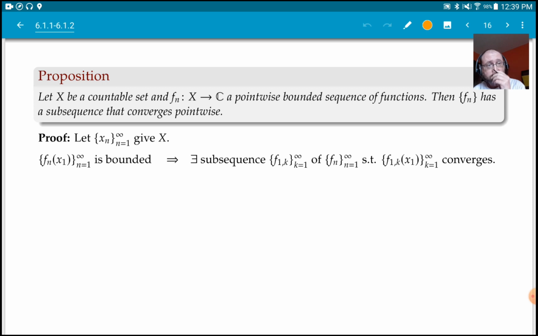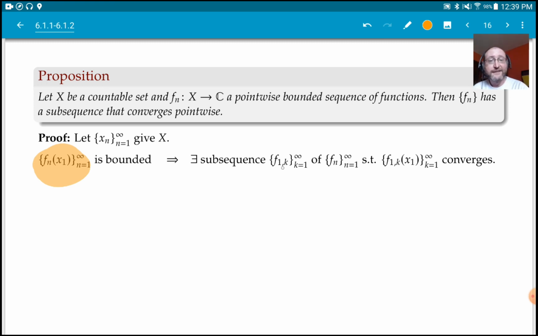Now we're going to go through the points in X. First, this is pointwise bounded, so this sequence of numbers at x1 is bounded. So by Bolzano-Weierstrass, there exists a subsequence. Now we're going to write it slightly differently, so that we don't take subsequences of subsequences of subsequences, because writing that tower of subscripts would just be a mess.